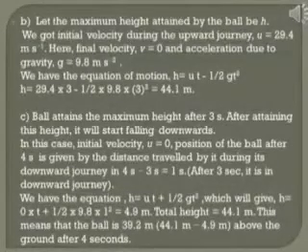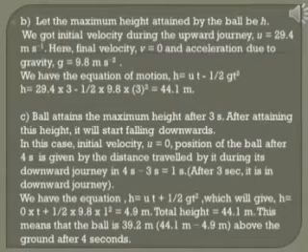B. Find the maximum height reached by the ball. Let the maximum height reached by the ball be h. We got the initial velocity during the upward journey of the ball. It is u is equal to 29.4 meter per second. And also, you know that its final velocity v is equal to 0 and acceleration due to gravity g is equal to 9.8 meter per second square.